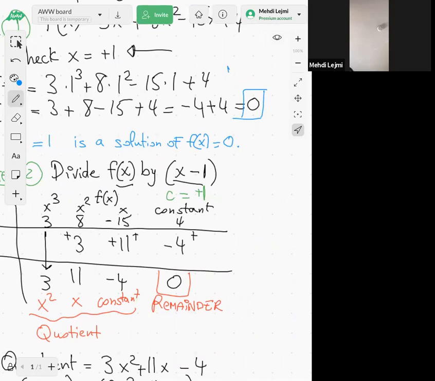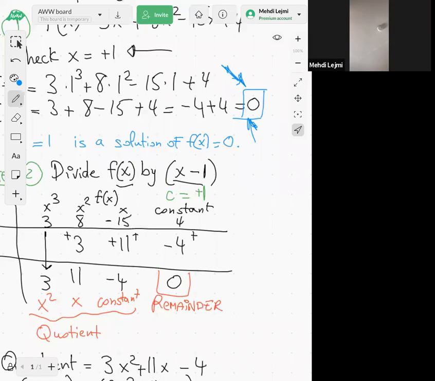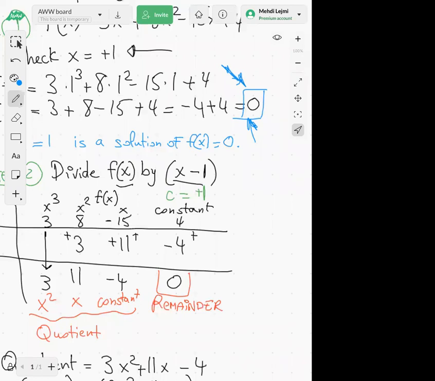Because I got 0, it means that 1 is the solution, so I can stop and move to the next step. But if this is not 0, then you have to try the next number until you get 0, right? Okay, I got it. Thank you. Sure.